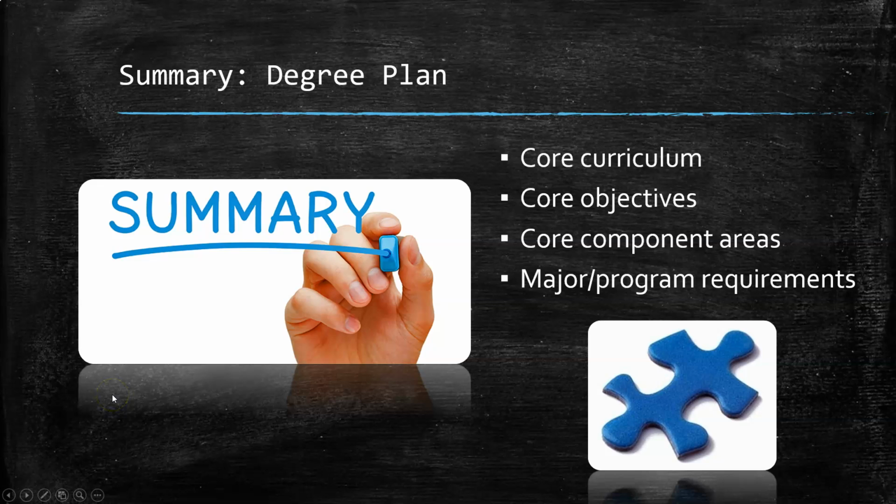Okay, so what have we talked about? We've defined what a degree plan is and identified its components, including the core curriculum, the core objectives, the core component areas, and the major program requirements. We know that the core curriculum makes up 42 credit hours, whereas our major, our program, encompasses somewhere between 18 and 20 hours, which add up to 60 to 62 hours for our Associate of Arts or our Associate of Science degrees.